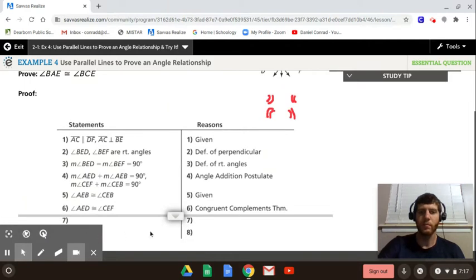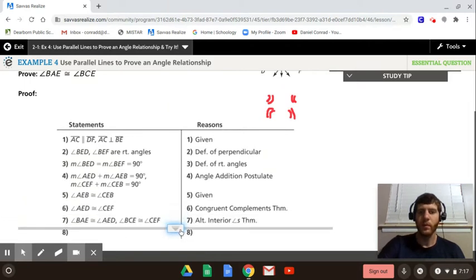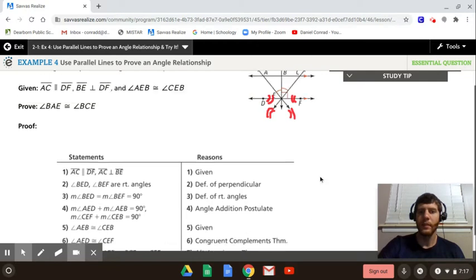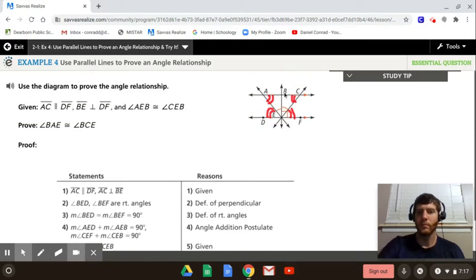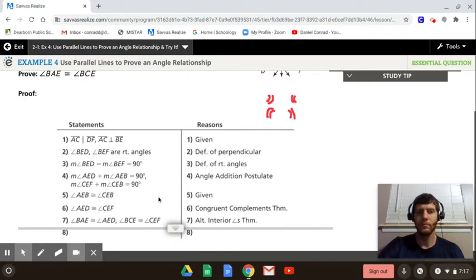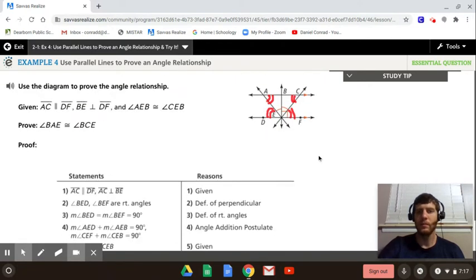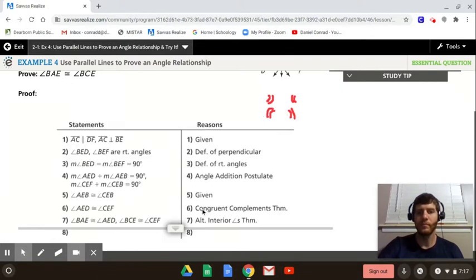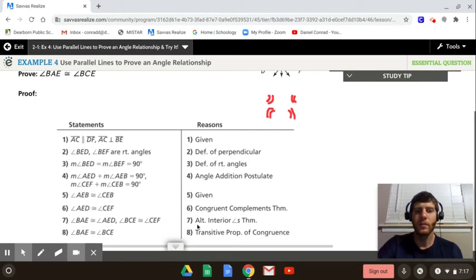Right, so yep, alternate interior angle theorem tells us BAE is congruent to AED. Okay, and then BCE is congruent to CEF. Okay, yep, and then they use the transitive property.